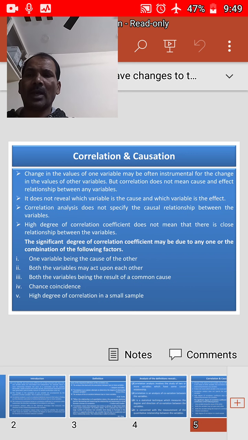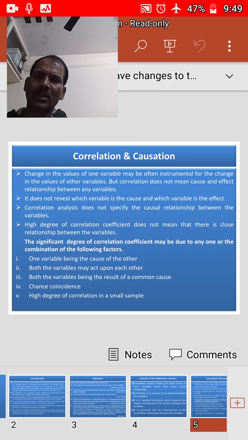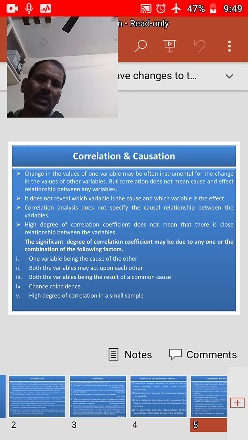And lastly, we have high degree of correlation in a small sample due to sampling fluctuations or due to bias of the statistical investigator. High degree of correlation may be obtained for small samples because of statistical investigator bias. Sometimes people who are investigating may resort to some sort of manipulation.